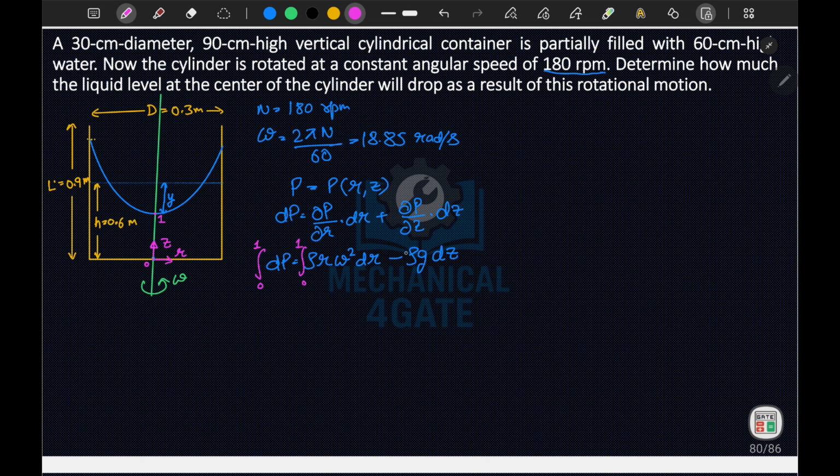Now since point 1 and 0 are on the same line, this will become p1 minus p naught is equal to, now this dr, since both are at same radius, this will become 0, minus rho g times of z1 minus z naught.